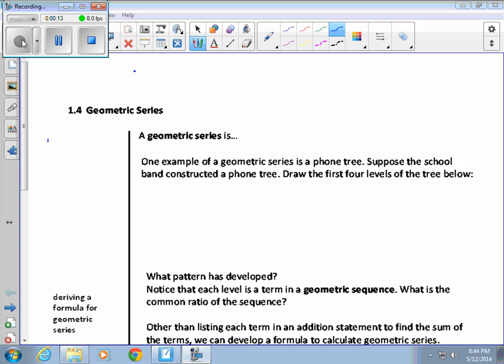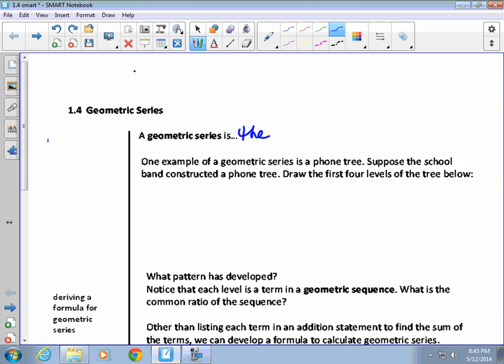A geometric series, by definition, is the expression of the sum of the terms of a geometric sequence.